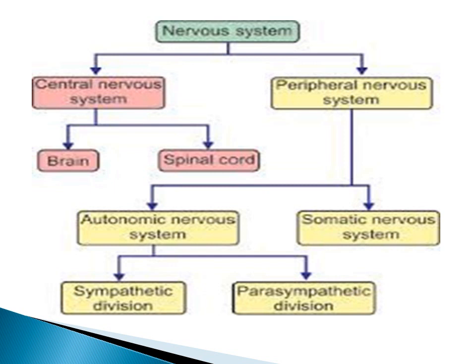This nervous system is subdivided into two parts. One is the central nervous system, the second is the peripheral nervous system. The central nervous system comprises two main structures, the brain and spinal cord. They are present in the central portion of the body, which is why it is called the central nervous system.